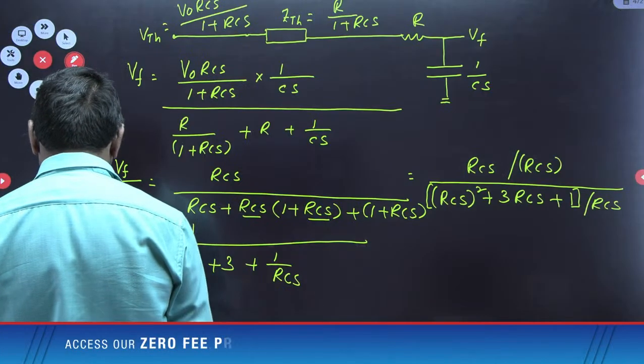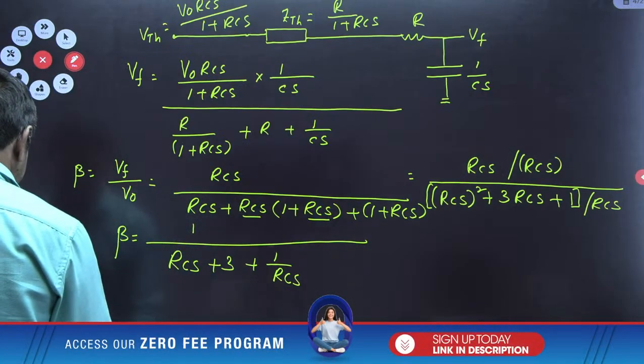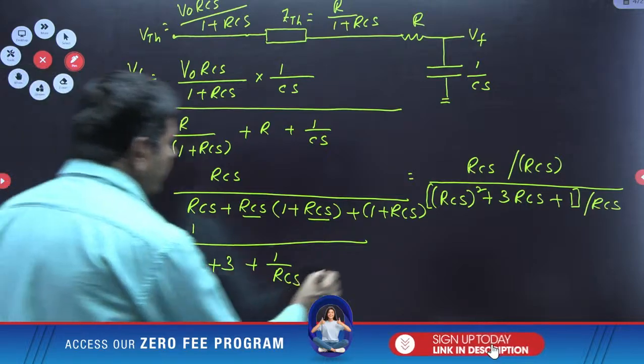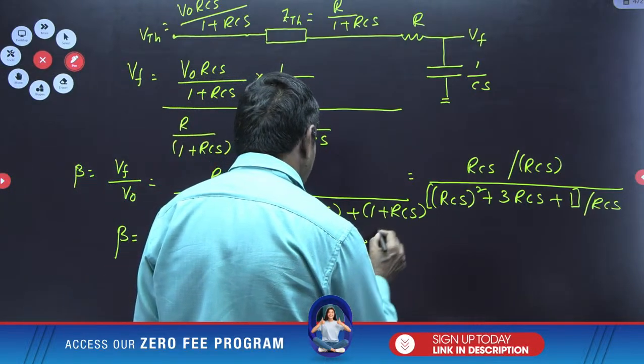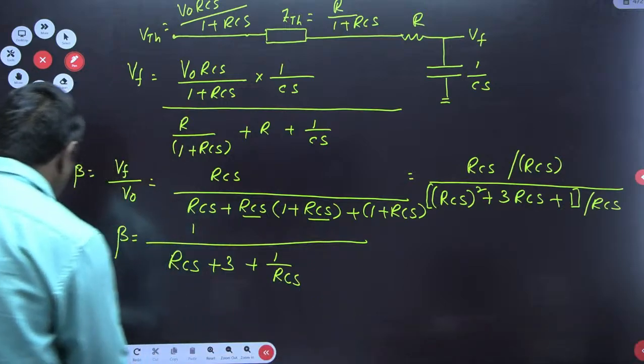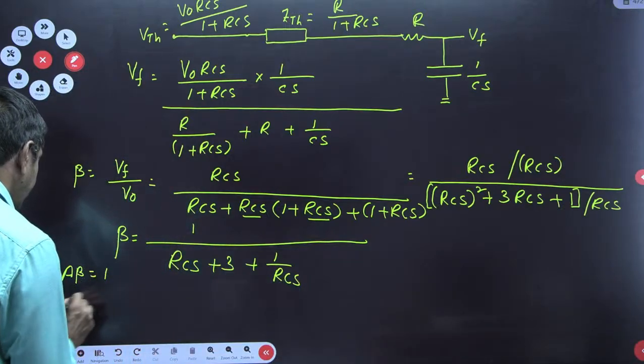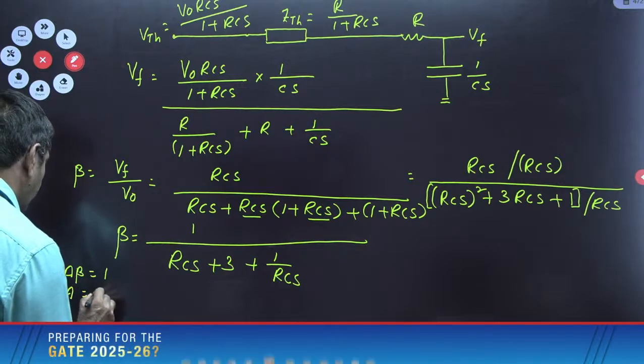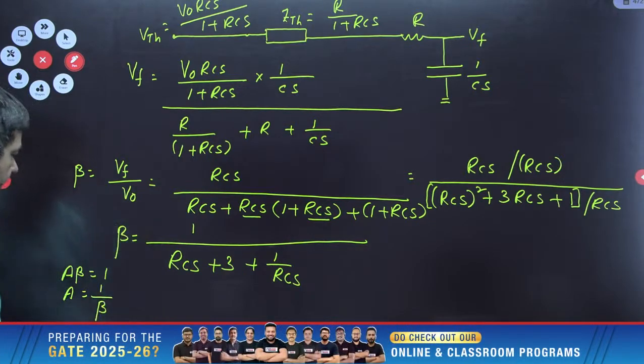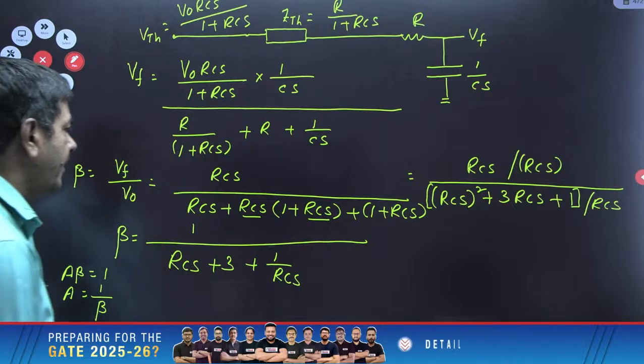A beta equal to 1 we know very well. A beta equal to 1 means A equal to 1 by beta.